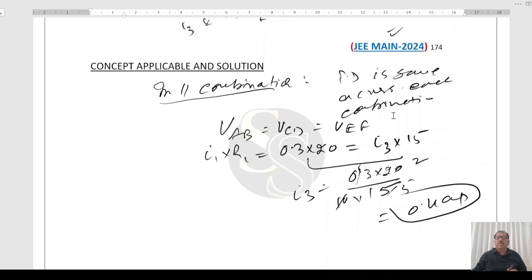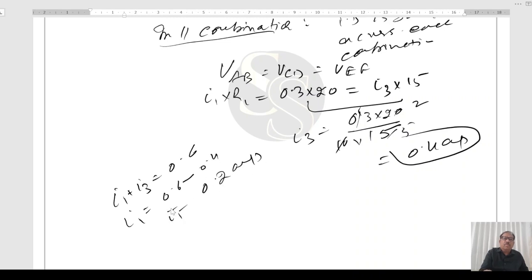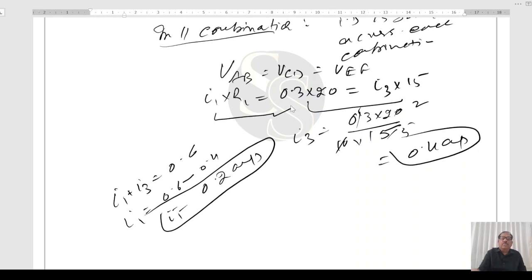According to the relation I1 plus I3 equal to 0.6, I1 will come out to be 0.6 minus I3, 0.4, that is 0.2 ampere. I1 comes out to be 0.2 ampere. Substituting here, now using this one, I1, 0.2 into R1 equal to 0.3 into 20.